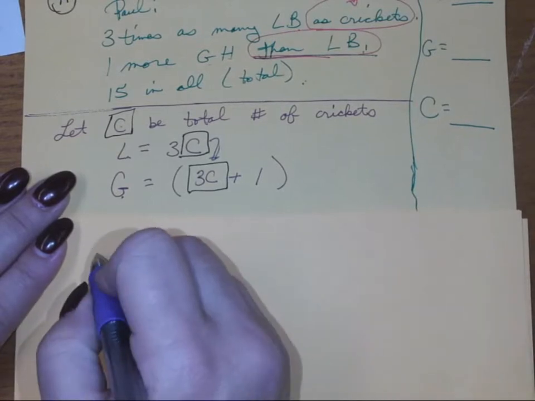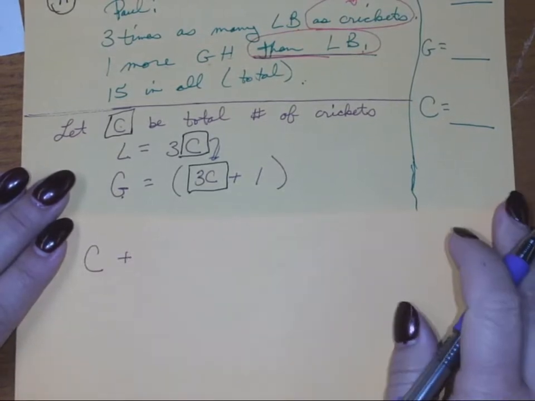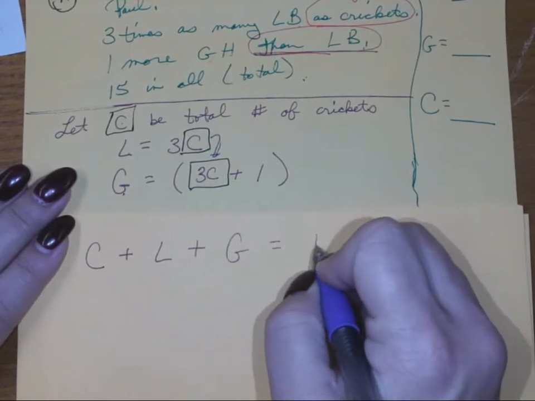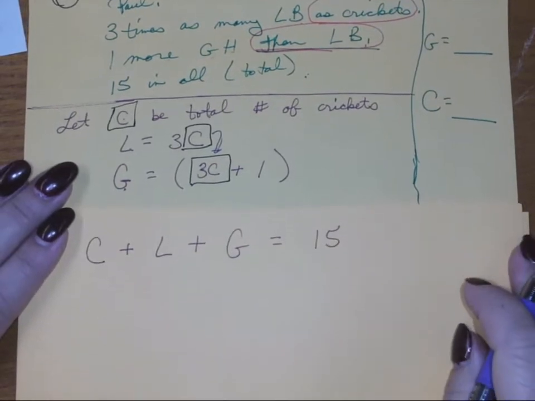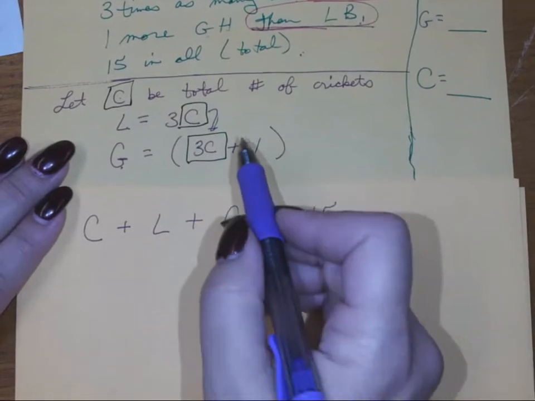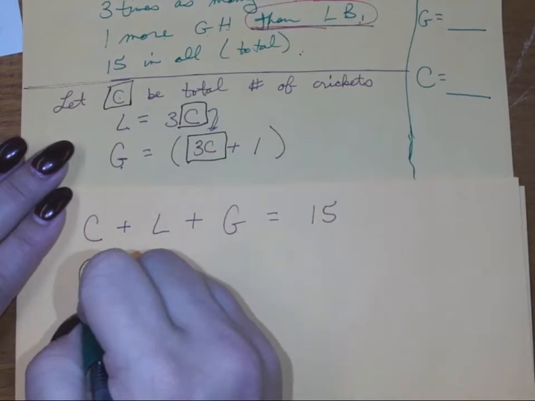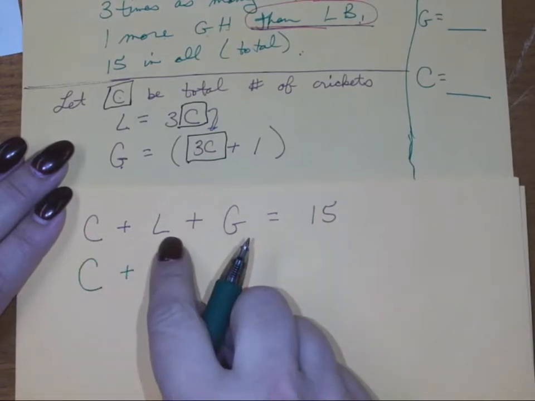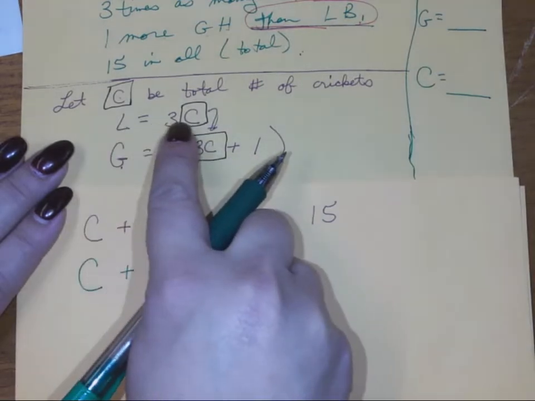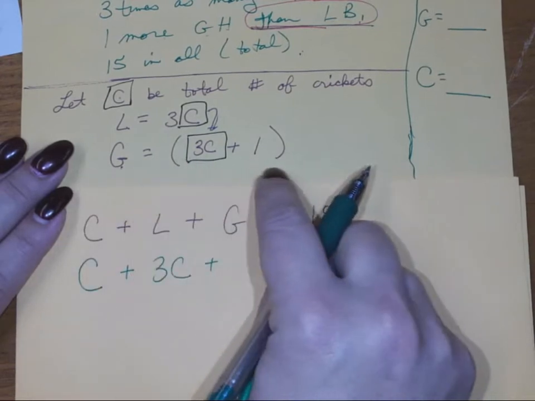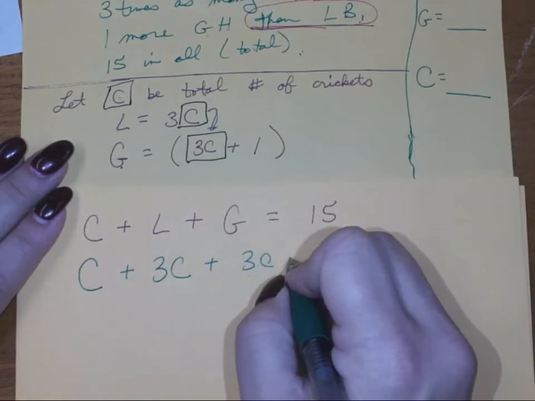So I know that crickets plus the number of ladybugs plus the number of grasshoppers is going to give me 15. But we just did this little algebra step, and I'd like to use that. So I know crickets is just a C, but I know ladybugs can be demonstrated as what? Yep, L equals 3C, and grasshoppers can be 3C plus 1.